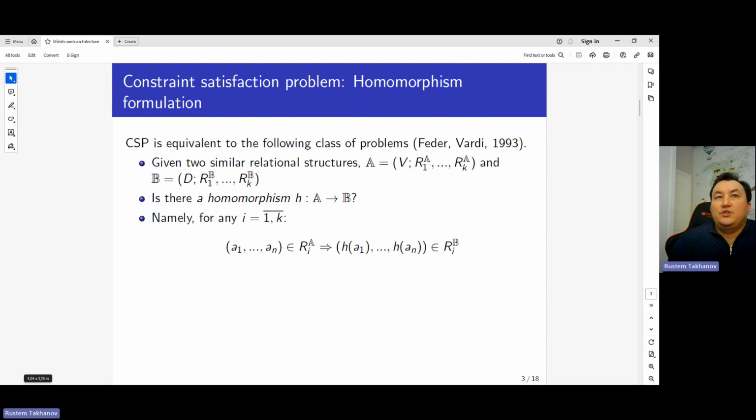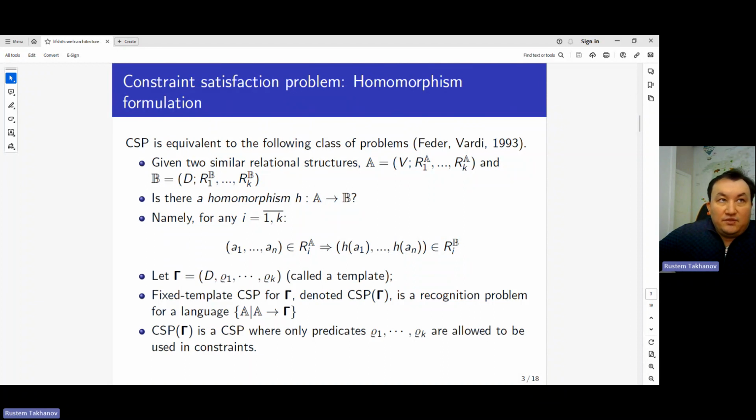The homomorphism by definition is a mapping such that any tuple from a certain relation of the first relational structure is mapped to some tuple of the corresponding relation of the second relational structure. And this problem is in general, of course, an NP-hard one.